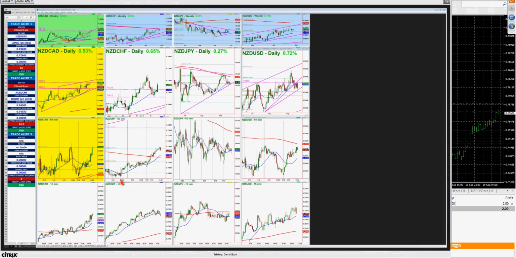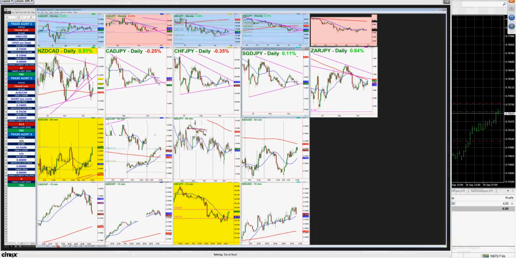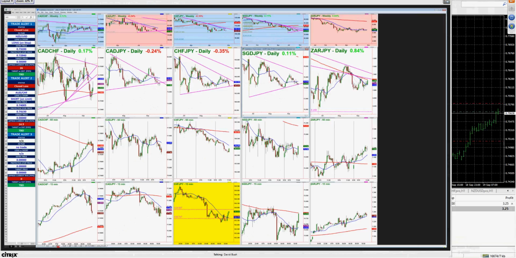NZD Swissy a little tired, moving off the high. So real mixed picture here as we get within a few minutes of wrapping up. Wish we had a bit more clarity or another trade idea that was just super compelling, but not really seeing it. CAD Yen. What do you think about this? CAD Yen.